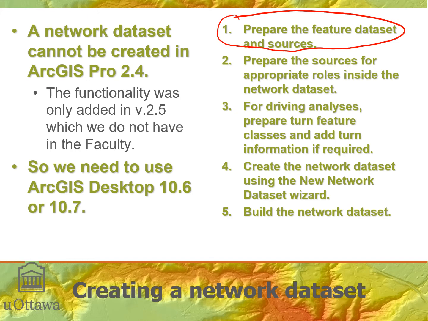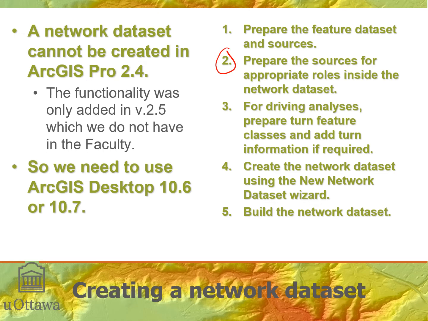So a network data set builds all those network tables like the adjacency matrix and everything based on the participating feature classes. And that requires preparing the sources that participate for their appropriate roles inside the network data sets.